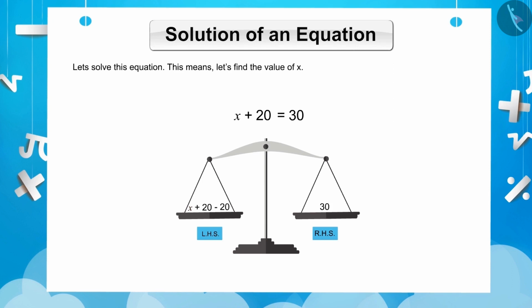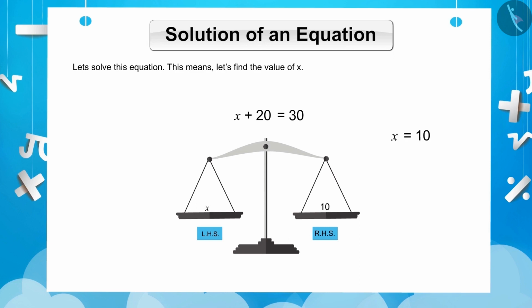But to maintain the balance on both sides, that is LHS and RHS, we have to reduce 20 from both sides. Therefore, whatever operation we do in LHS, we will have to do the same operation in RHS also. Now, we will subtract 20 from both sides so that we get x is equal to 10.